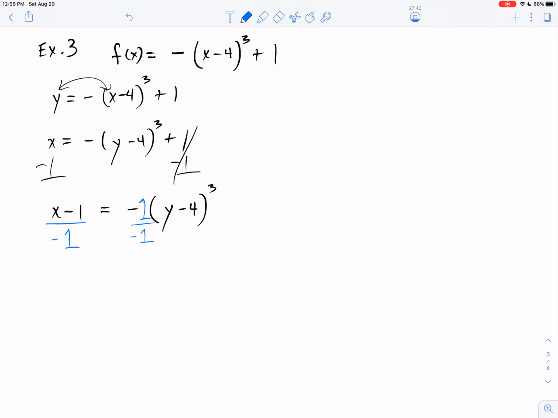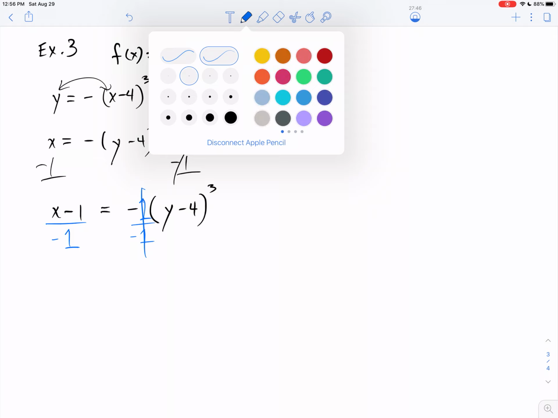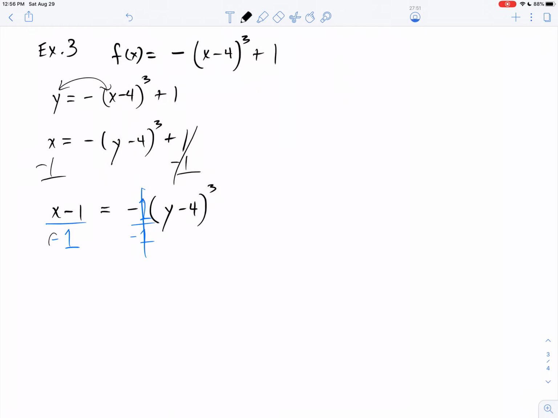And we saw this in the other one. It's going to cancel there. I'm going to run that negative through the top. If you want to try and do that ahead of me, you can pause it. Here we go. Running the negative through, it's going to look like negative x plus 1 equals y minus 4 quantity cubed.